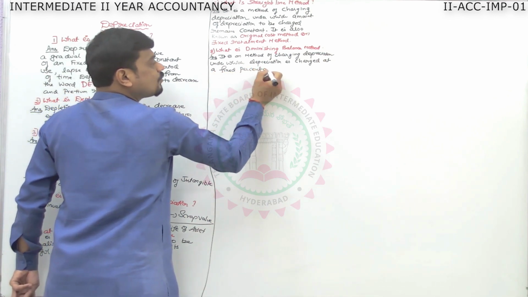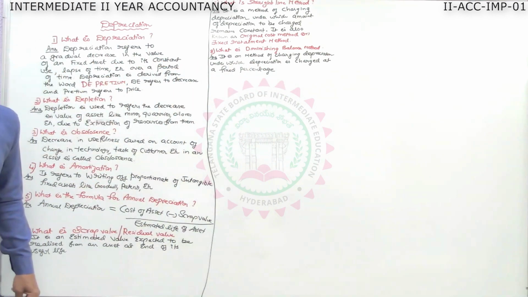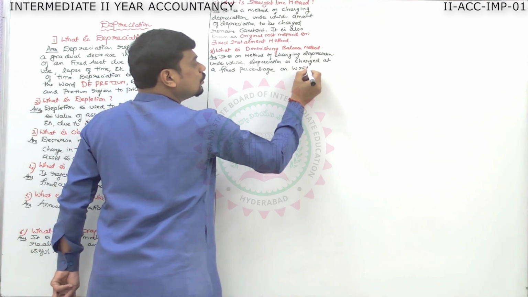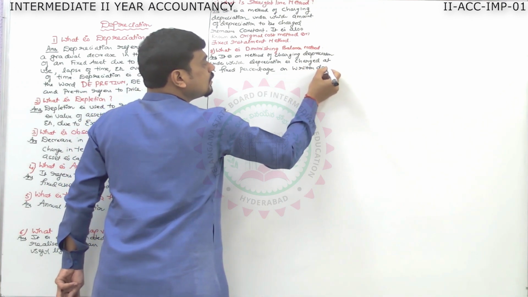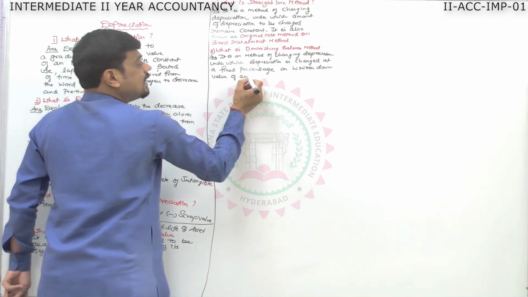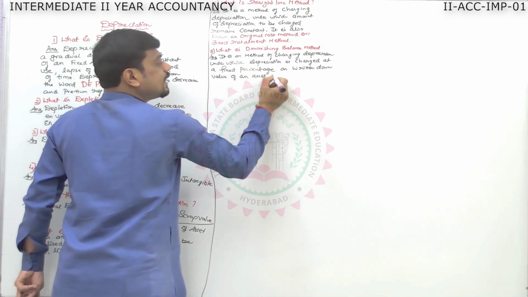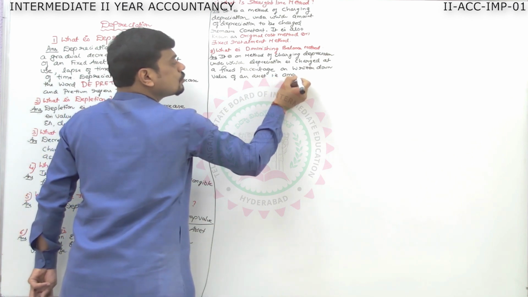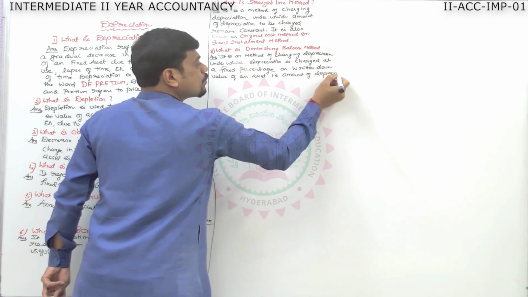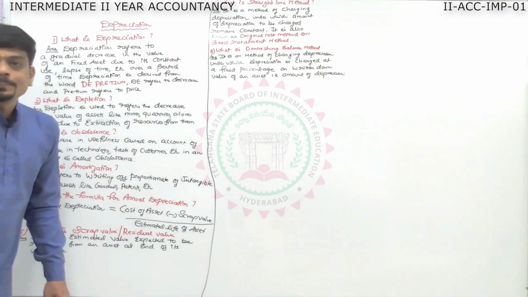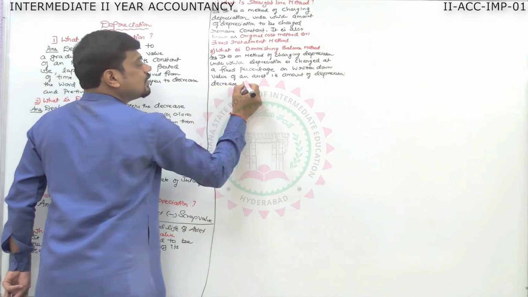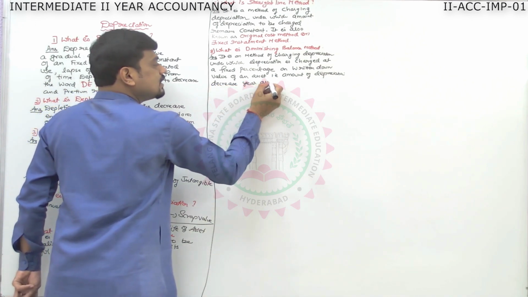At what, dear? At a fixed percentage on the written down value of an asset. That is, the amount of depreciation decreases year after year.